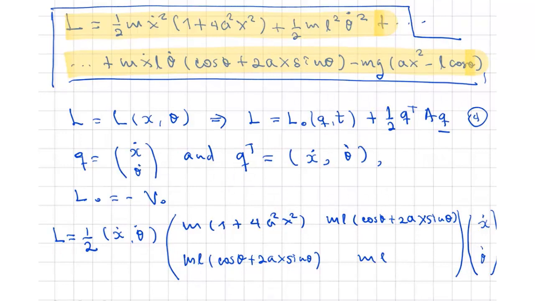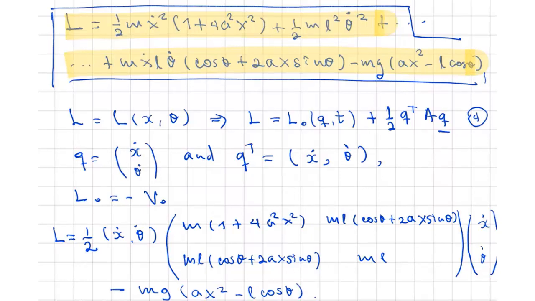Okay, guys. So minus the potential energy, in this case m g a x squared minus L cosine of theta.